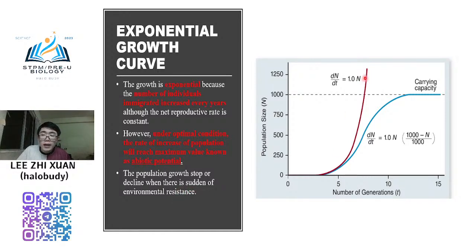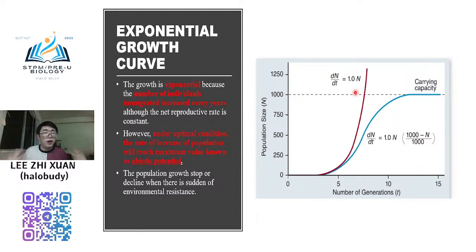So for this exponential growth curve, when we want to change to logistic, if there is a sudden environmental resistance, such as a disaster, maybe an earthquake, tsunami, volcano, or flood, or predators. Because in this situation, there is no predator at all.